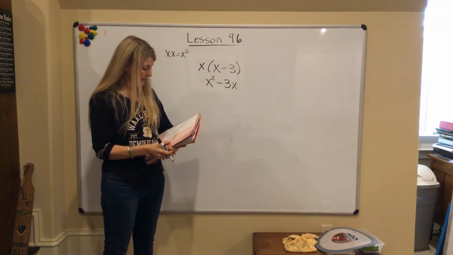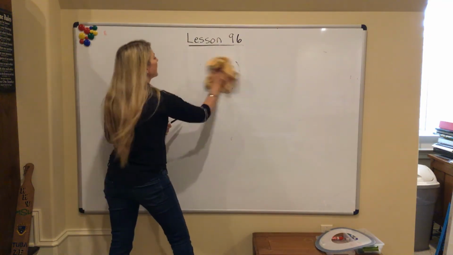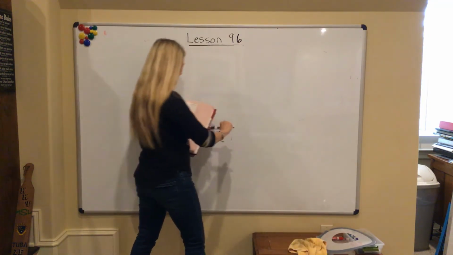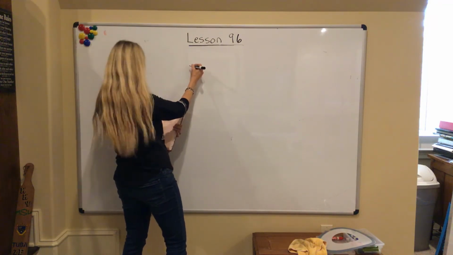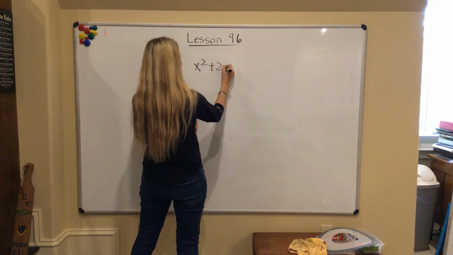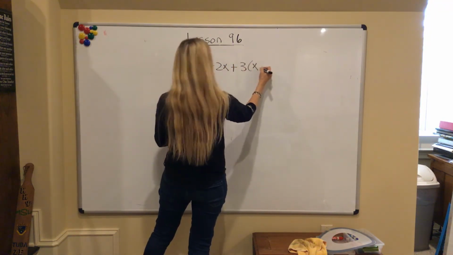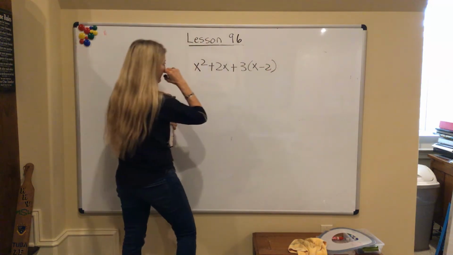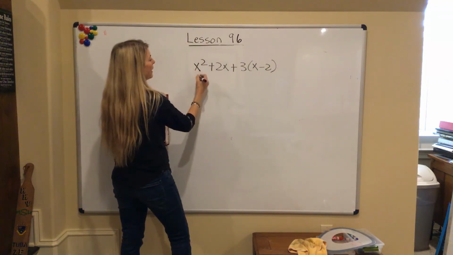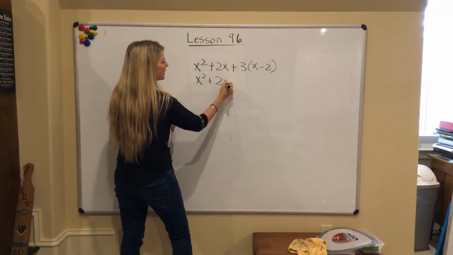All right? We're going to have now problems where you have to use this property to simplify within an expression. So if I have x squared plus 2x plus 3 times x minus 2, okay, I'm going to leave my x squared alone, leave the 2x alone.